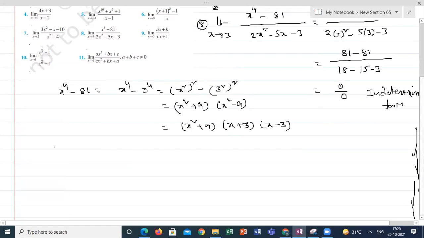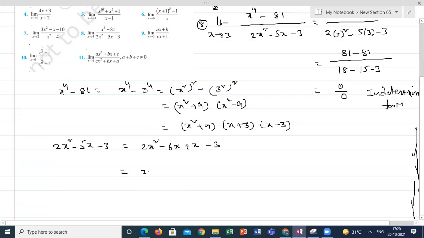And when it comes to the denominator, 2x square minus 5x minus 3. So how can we split here? 2x square minus 6x plus x minus 3.